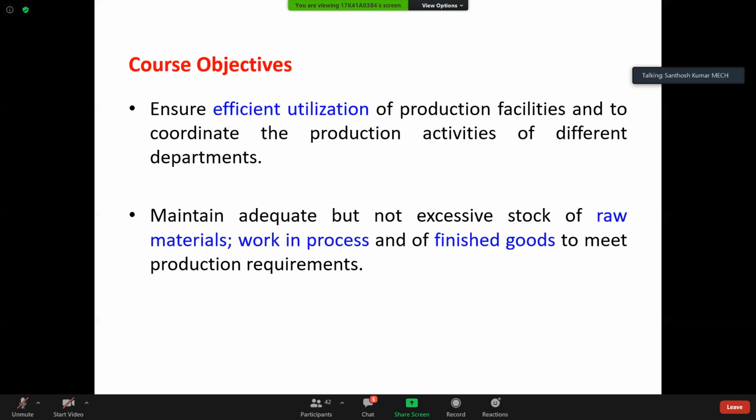Because here only I have to explain how my professional experience will reach you. Whatever is in our syllabus, I have already worked on, so I can give better justification to this subject. So, efficient utilization. In any company there are around 4 to 5 departments.